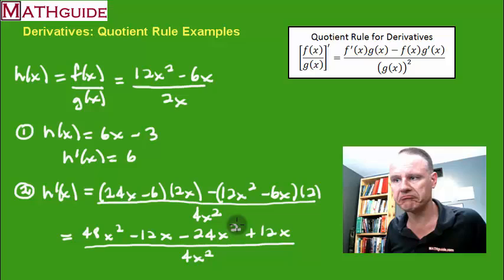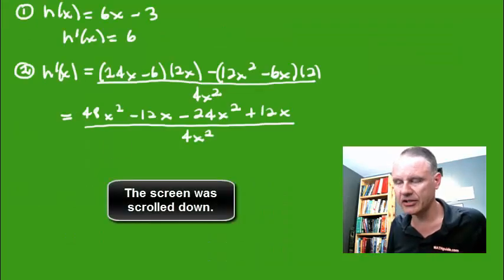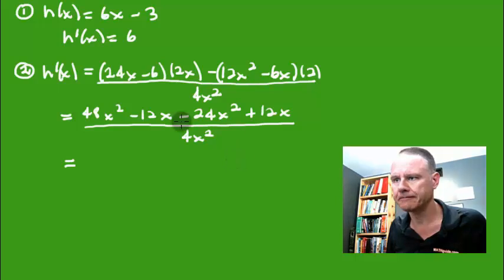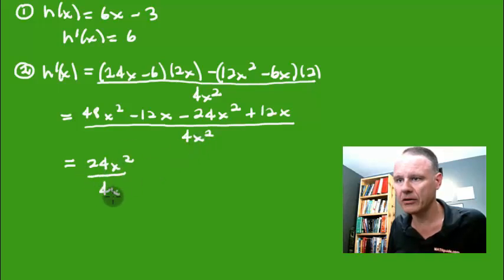I'm just doing some algebra, and I'm going to continue to clean this up. I've got 48 minus 24, that's 24x squared. Negative 12, positive 12, they're gone, all over 4x squared. And that looks like it's 6.